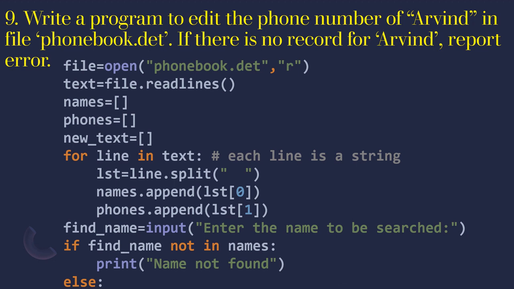So names.append(lst[0]). lst[0] will store the names, and lst[1] will store the phone numbers. So the phone numbers will be appended to a list called phones. Like this, we will get all the names which are present in the file in our list names, and the phone numbers in our list called phones.